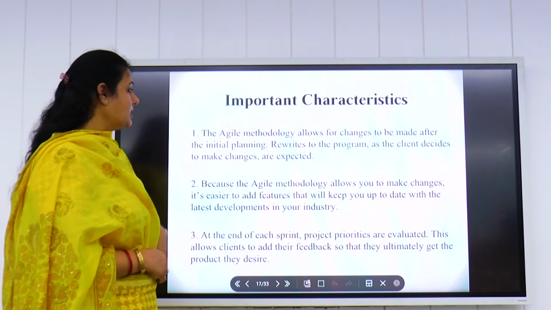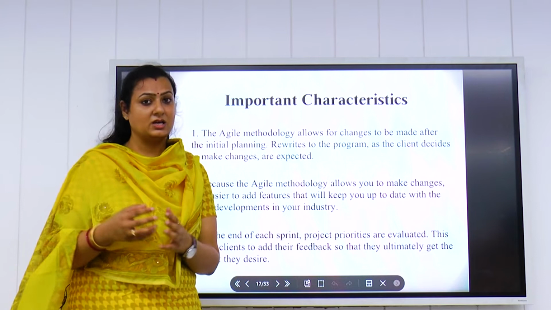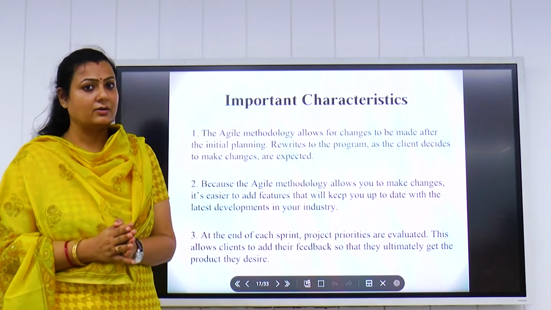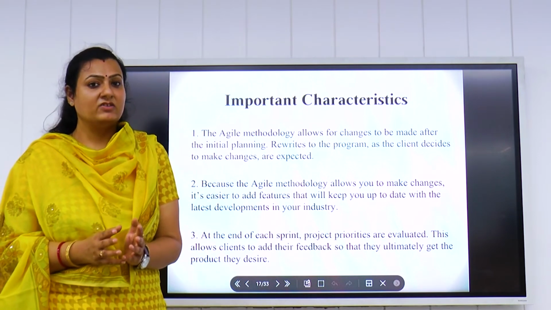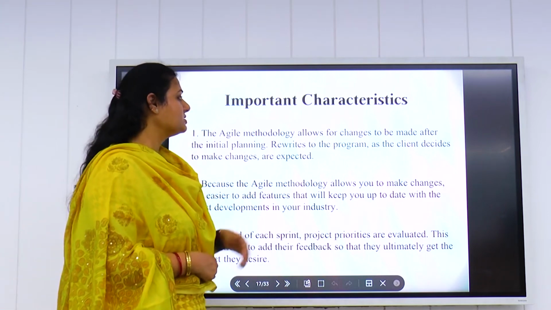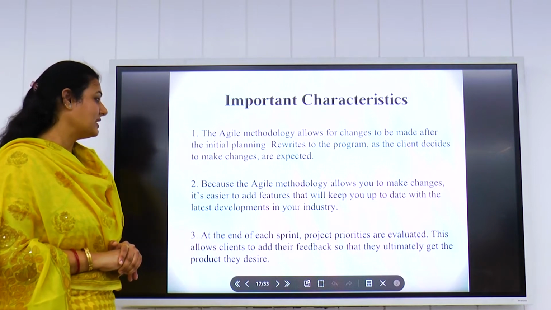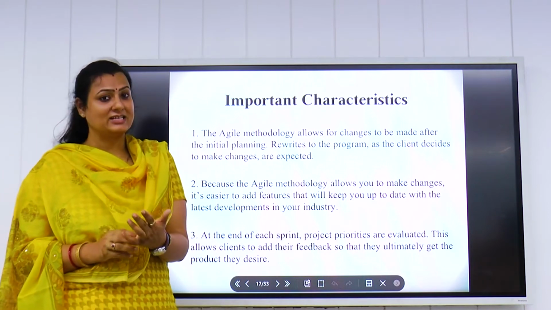Next, I am discussing the characteristics of the agile software development methodology, the main features of this methodology. It allows changes to be made after the initial planning; the program can be rewritten as the client decides to make changes.